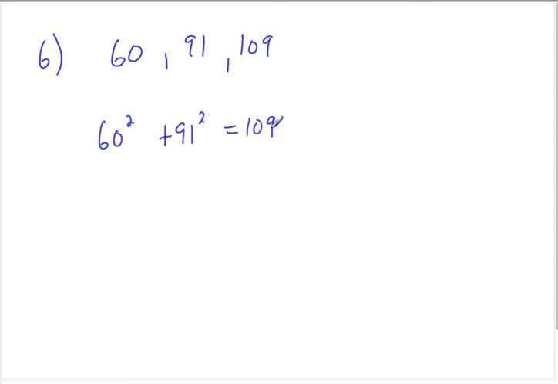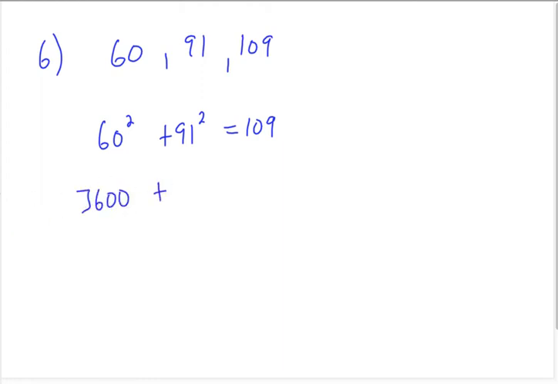Moving on. Number 6. Determine whether the given lengths can be the side lengths of a right triangle. Again, Pythagorean Theorem, just all over the place. 60, 91, 109. So, the question is, does 60 squared plus 91 squared equal 109 squared? I don't know. 60 squared is 3600.